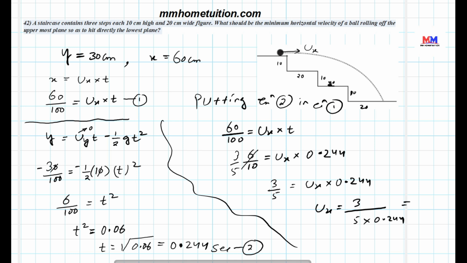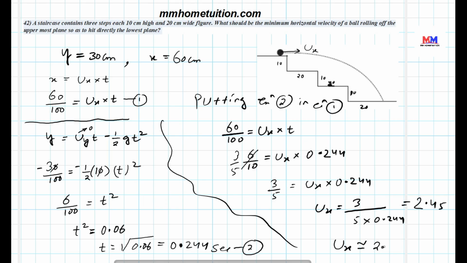So 0.6 divided by 0.244 equals 2.45. So ux equals 2.45, or nearly 2.5 meter per second.